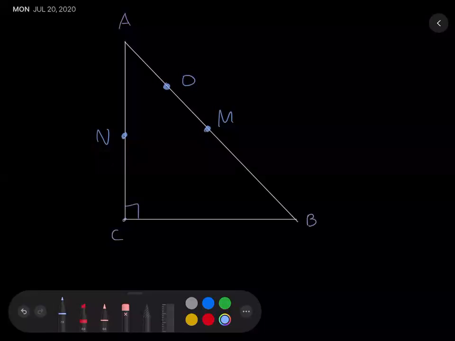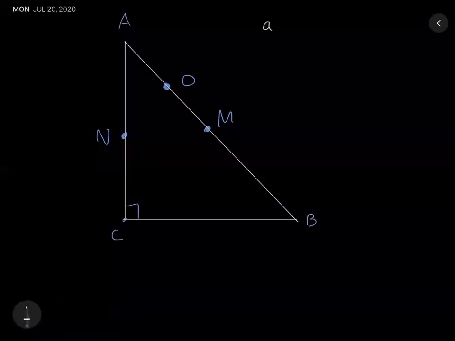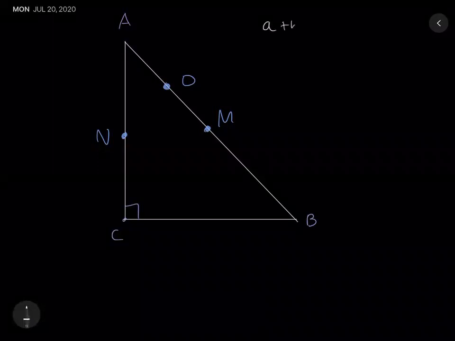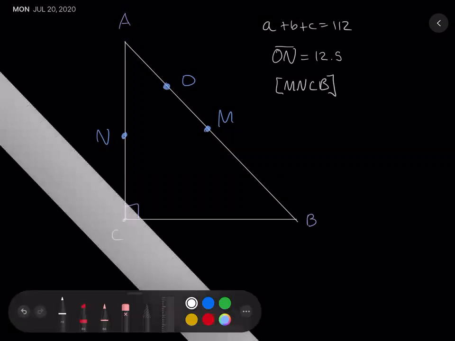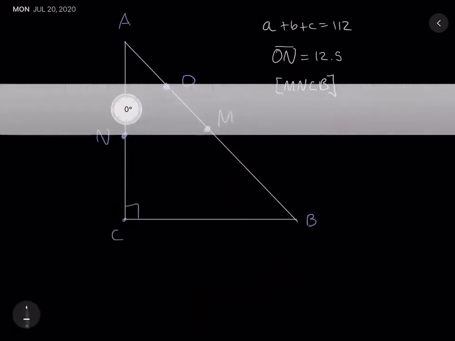So A plus B plus C is equal to 112. And ON is equal to 12.5. We want to find the area of MNCB. So let's draw some line segments to make sure that we know what we're talking about here.